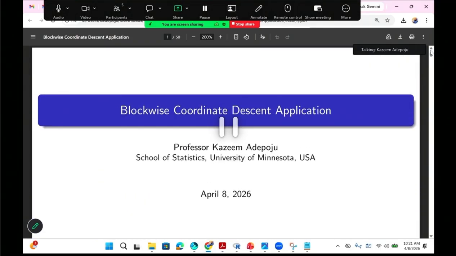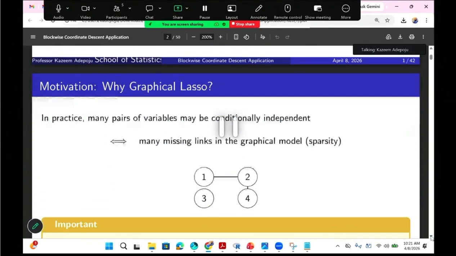Because we can't solve it directly, it's going to be so hard to figure out. So what I'm going to do is what Tibshirani and the like did in 2008. They used a method of blockwise coordinate descent where they split the problem and handle it one block at a time.